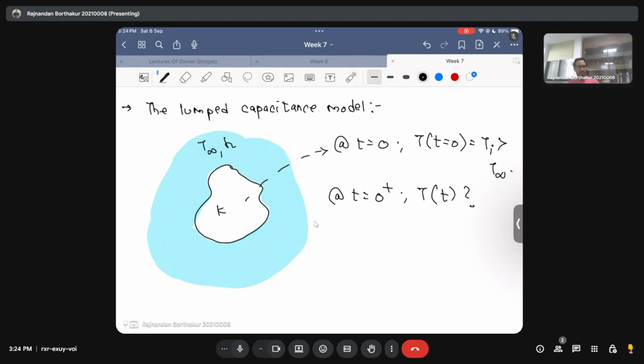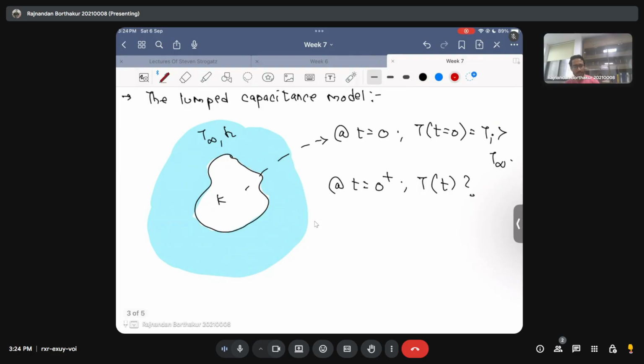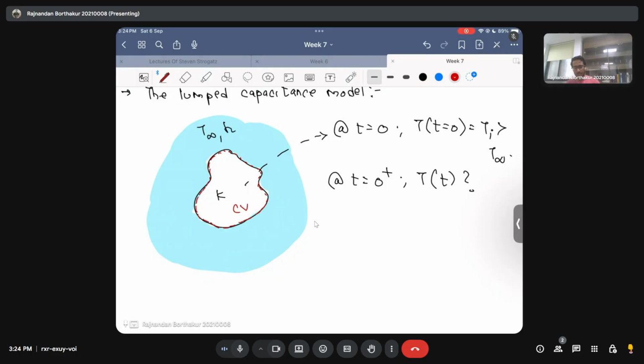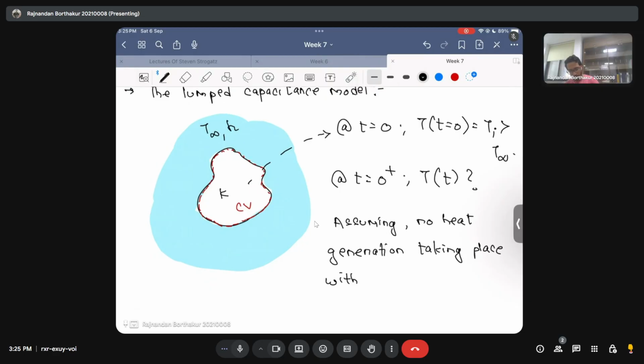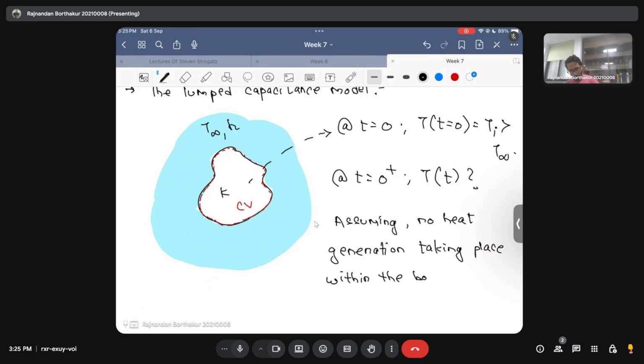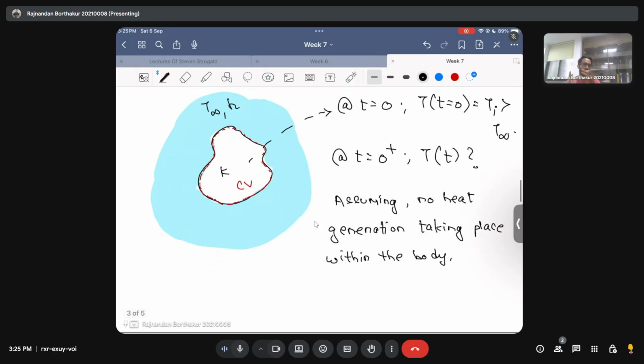Okay, and in this context, as we have already carried out in the lecture series, if you consider a control volume of this form, which encompasses the body as we commonly do, and if you are assuming that there is no heat generation taking place within the body, then you can simply do an energy balance.